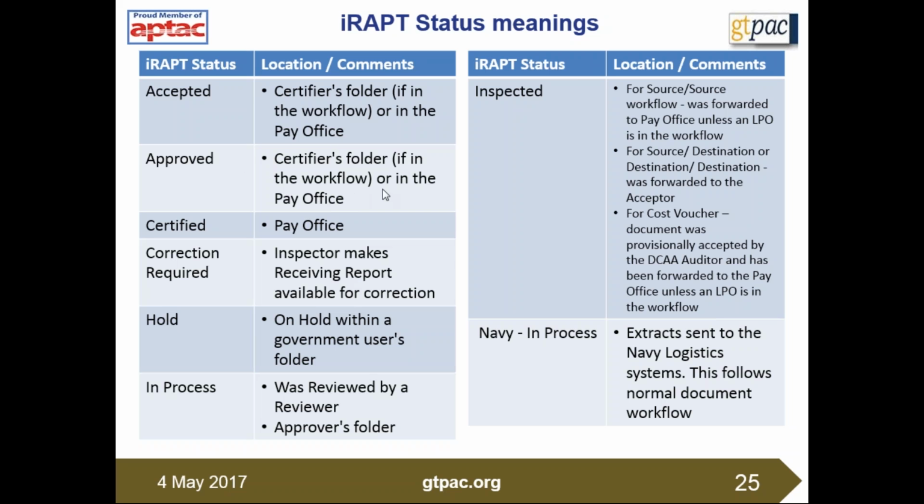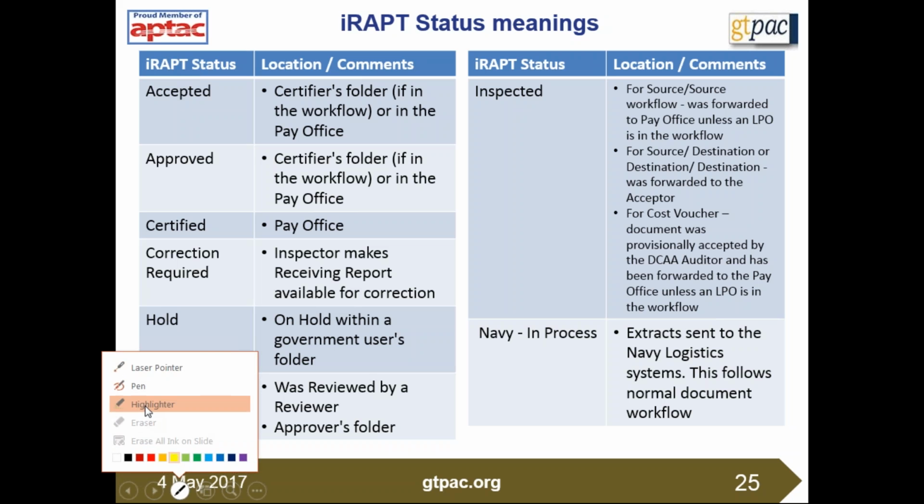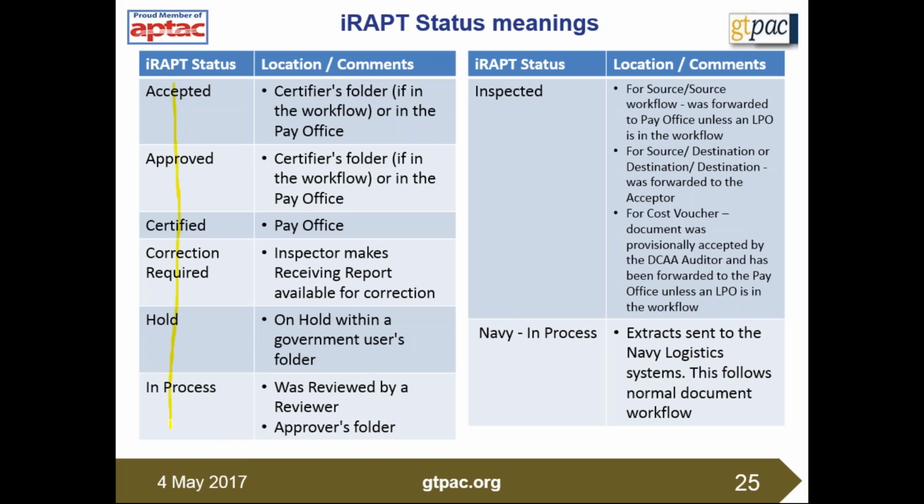Approved means it's in the payment office. These are all the types of things, the location and the comment, what it means. These are all listed in alphabetical order. Alphabetically should help you determine and counsel your clients on what it means, depending on where it is.